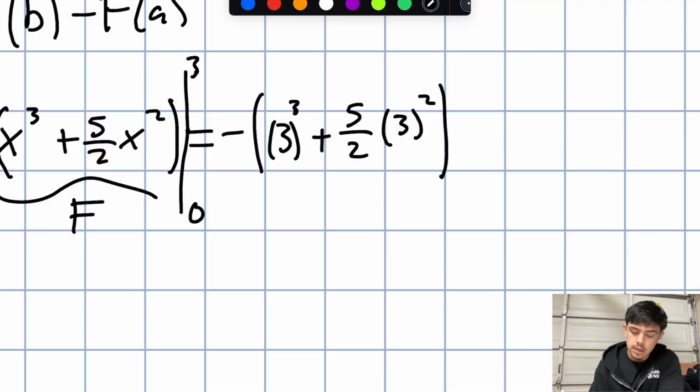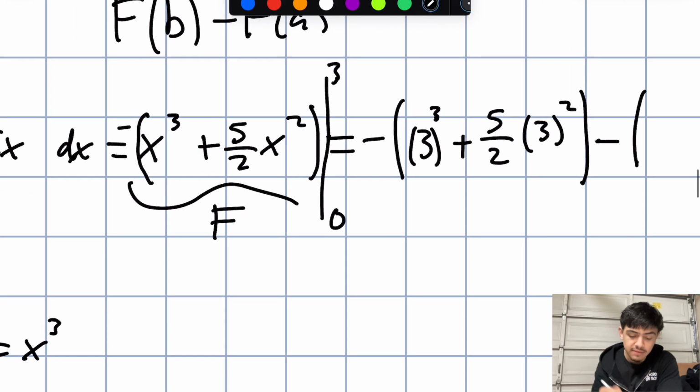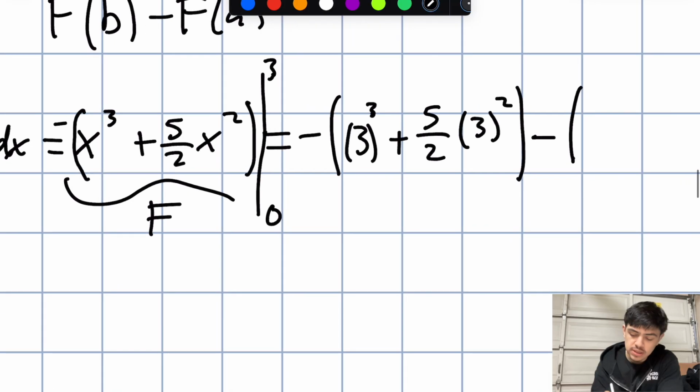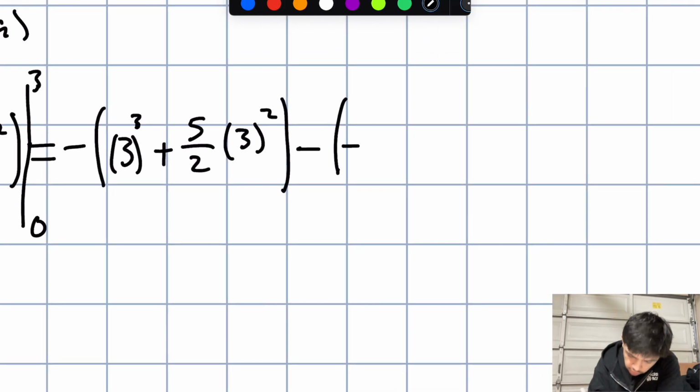Simple. And then we need to do a minus, but remember, it's minus because we're subtracting the entire antiderivative. The whole thing is negative with that negative in the front. So we're going to have another negative, parenthesis. This looks a little weird, but stay with me.